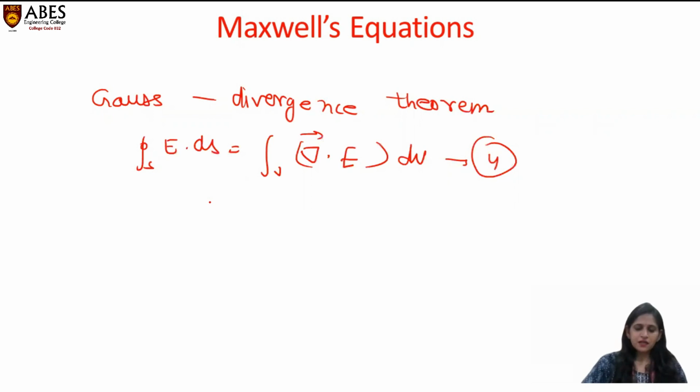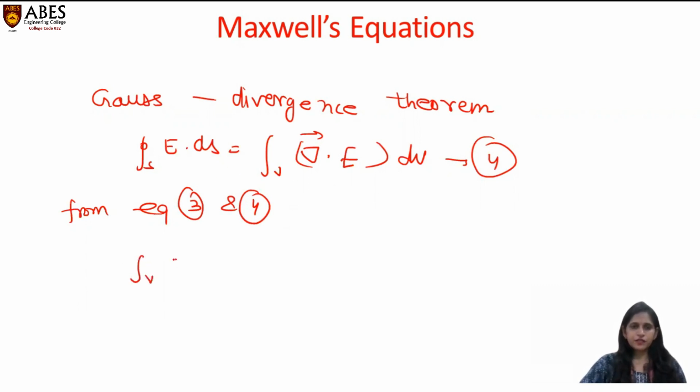Now we can put this in equation number 3. Substituting in equation 3, or from equations 3 and 4, if we substitute this volume integral in place of this, we get that the volume integral del dot E dV is equal to 1 by epsilon times the volume integral rho dV.